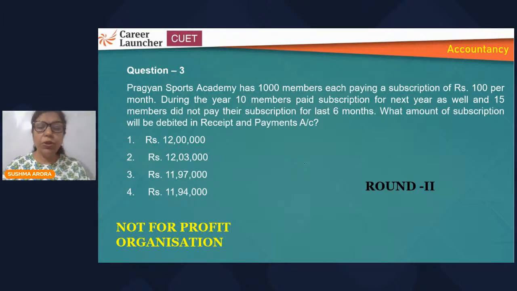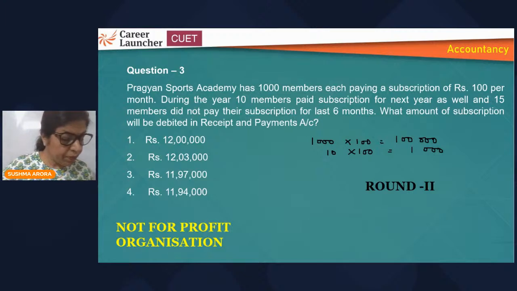Okay, so I'm showing it for you. 1000 members, they will pay 100 rupees each, so that will be 1 lakh. 10 members paid for the next year, so 10 into 100, that will be 1000, for next year.